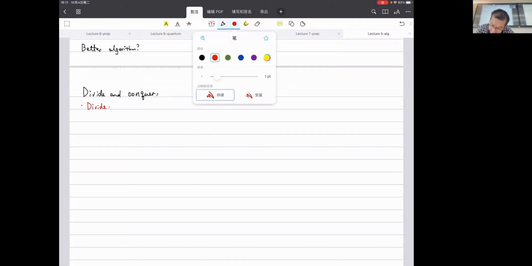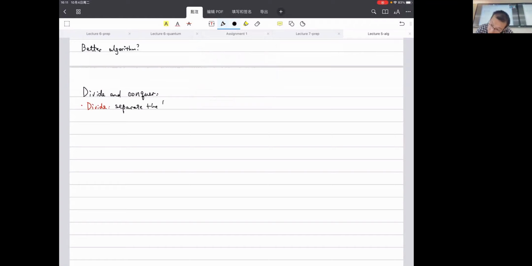The divide here is of course also quite straightforward, and we just separate the list into 2 pieces. This is the same as the sorting problem, just cutting the middle. Cutting is really something quite easy, so this costs O of 1 here.